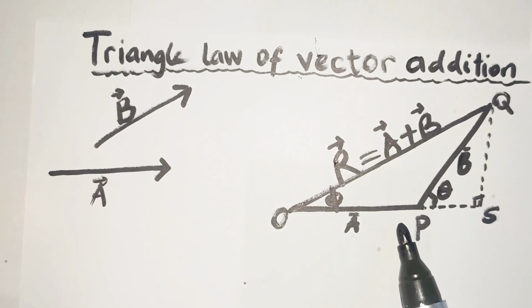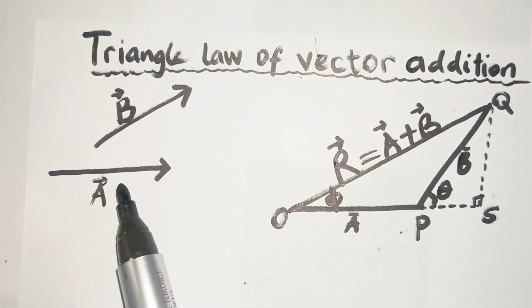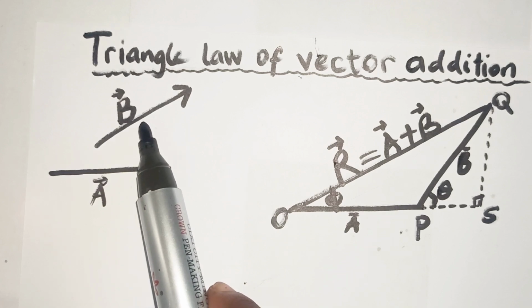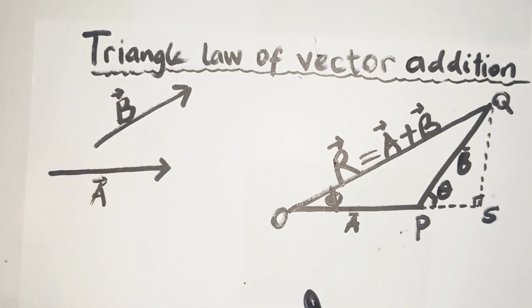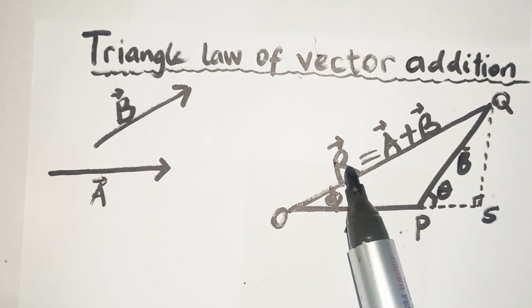Using this diagram in one of our previous videos, we were able to derive the resultant of two vectors A and B, and also to obtain an expression for the angle between vector A and the resultant vector.